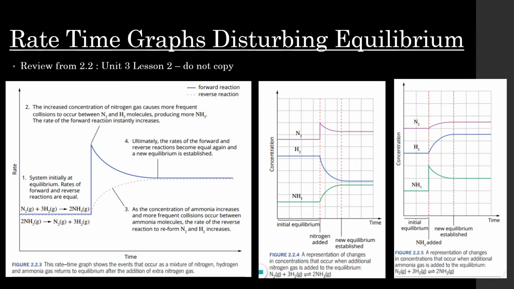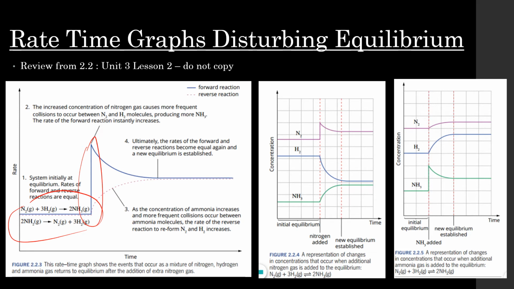We also looked at equilibrium graphs. So you can see that if we make a disturbance, what's happening here? This is an example back in Unit 3, Lesson 2, so it's a long time ago. We have this Haber process here.